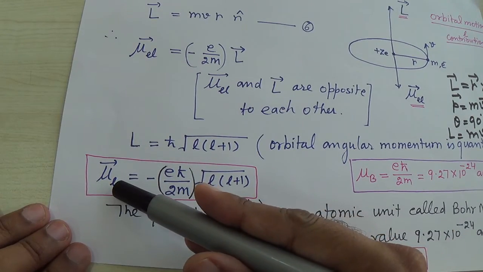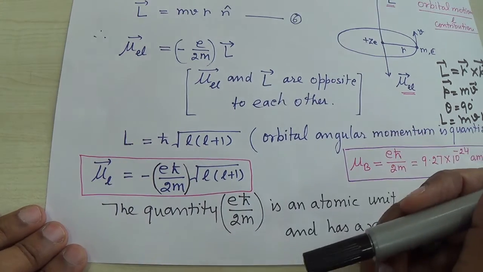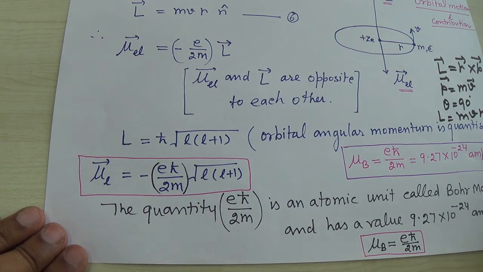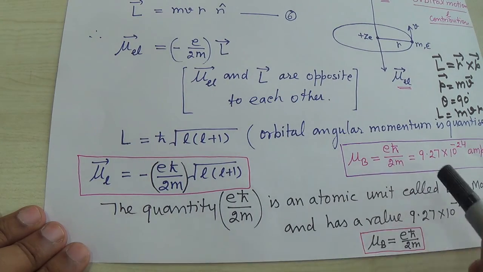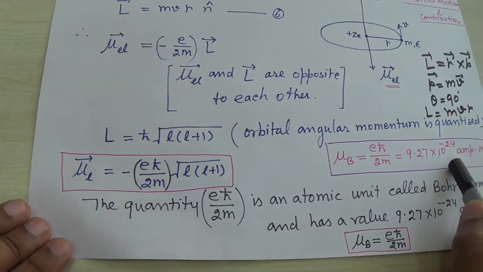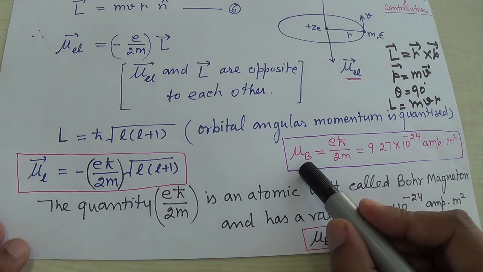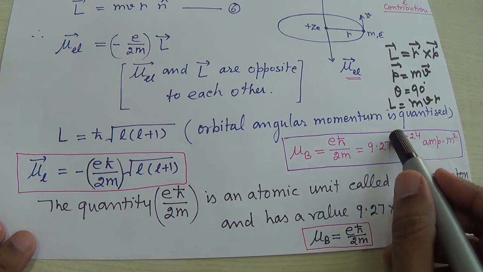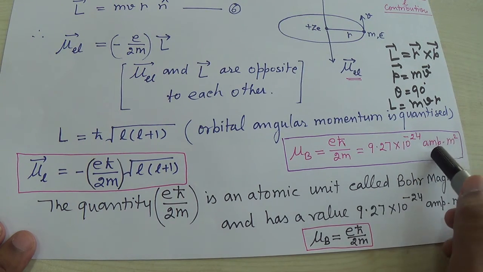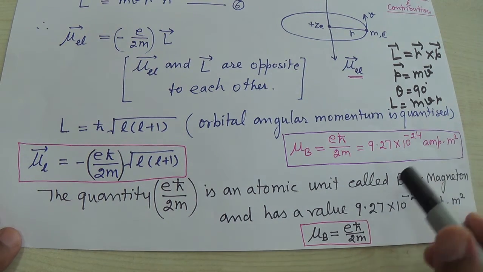Because mu is defined by I and A, where I is the current and A is the area, the unit of that will be ampere meter squared, and because of that e h cross upon 2m will have the same unit. So mu_B is the Bohr magneton that has the numerical value 9.27 into 10 raised to the power minus 24 ampere meter squared.